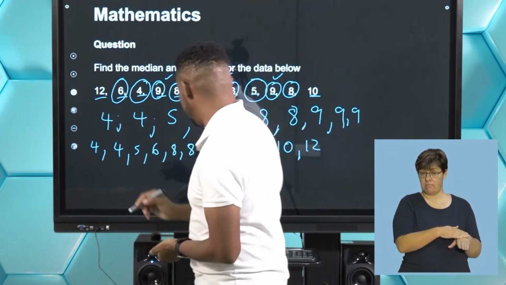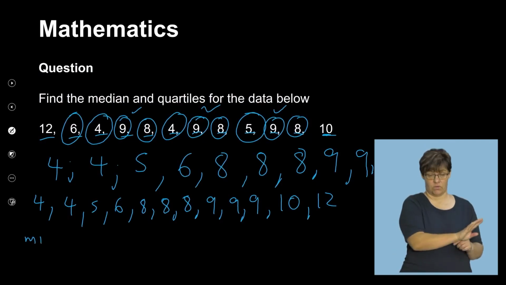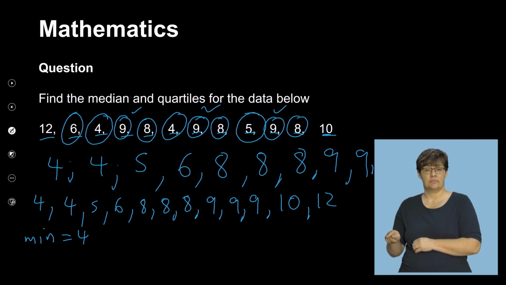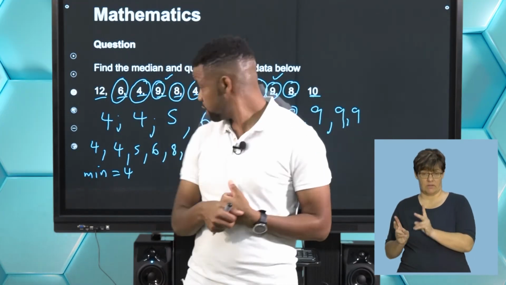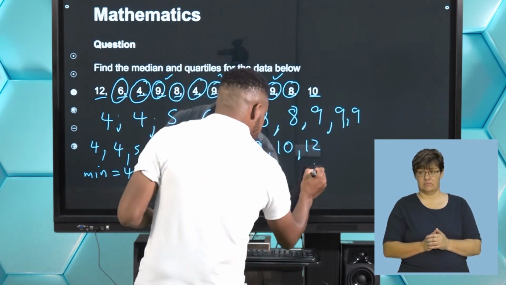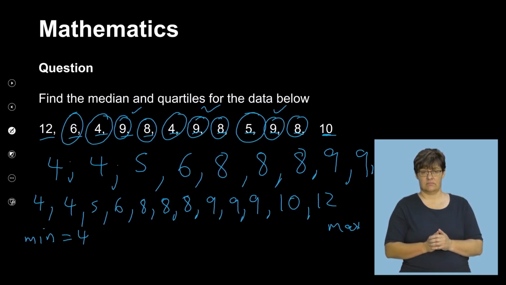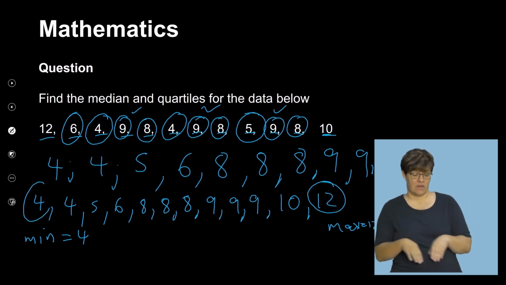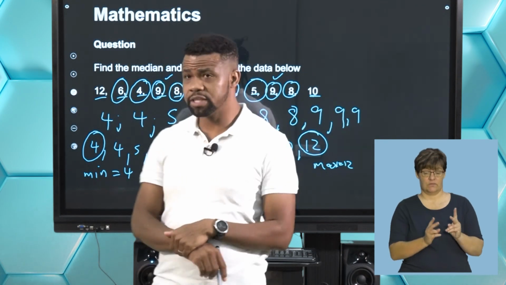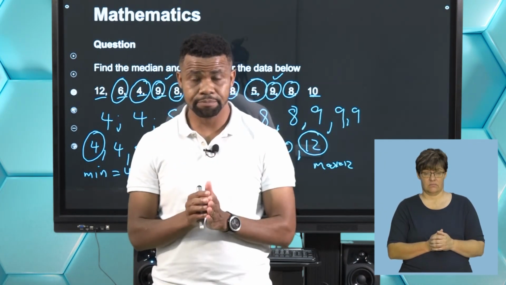So the minimum value, we start with our min, which is 4. That's what I prefer. The maximum value, which will be what? Which will be 12. So max is 12, minimum 4. Then now we have 12 data points. Are we all together?